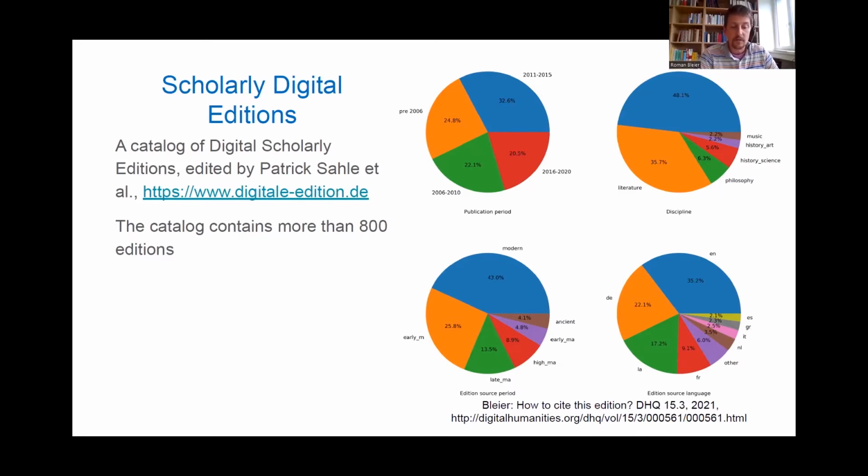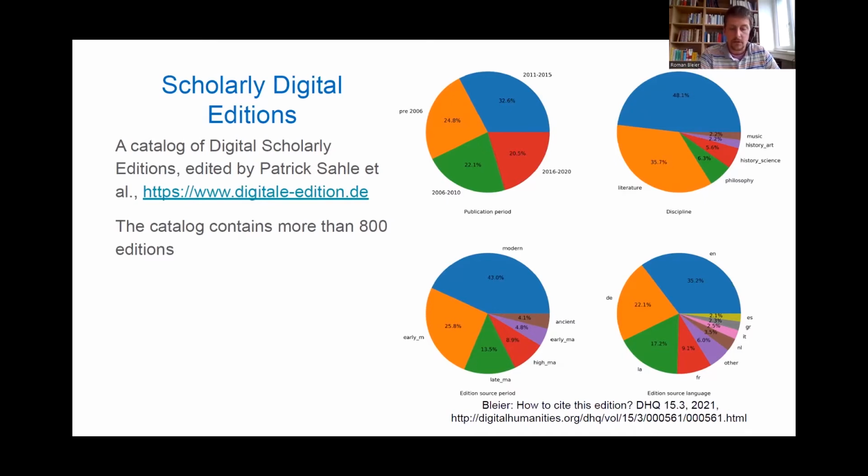A couple of years ago, I analyzed the use of persistent identifiers in digital scholarly editions in Sahle's catalog. To gain some insight into how and what kind of editions are cataloged, I created this visual representation of selected data from the catalog.